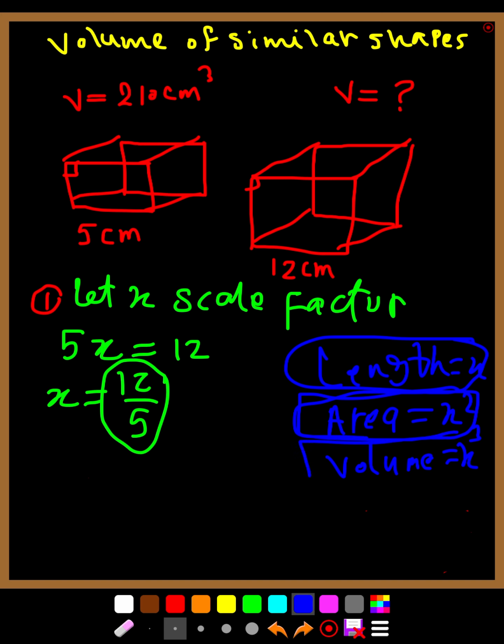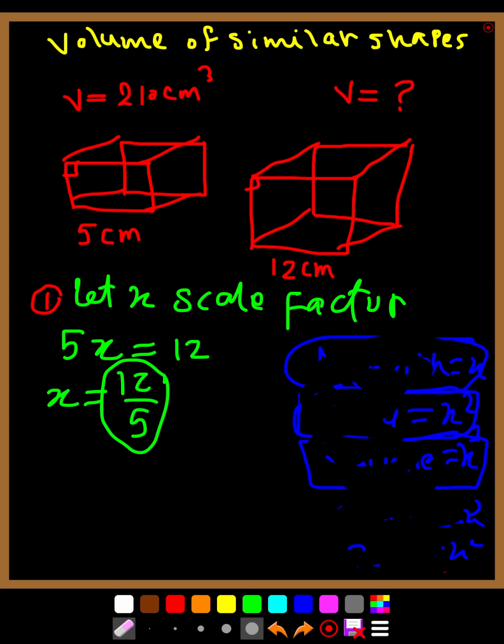The volume is 3D, so we have three dimensions, length, width and height, so it is power 3, because x times x times x is x to the power 3, and area x times x is x to the power 2. That's good. Let's come back to our question.